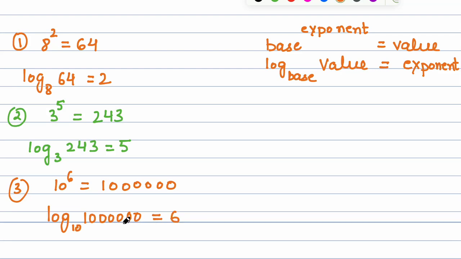Now let's see certain questions. Logarithm is a tool to simplify calculations. So sometimes if we use log, our questions become very easy, which, if they are in the form of exponents, are not so easy to solve.